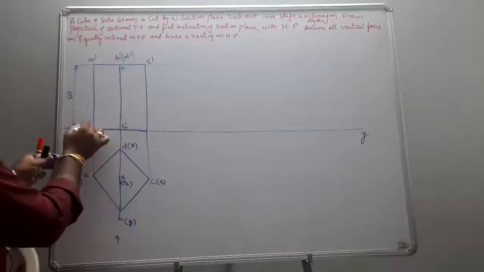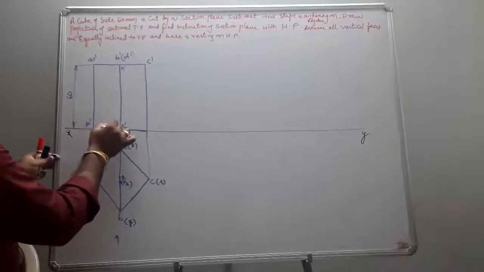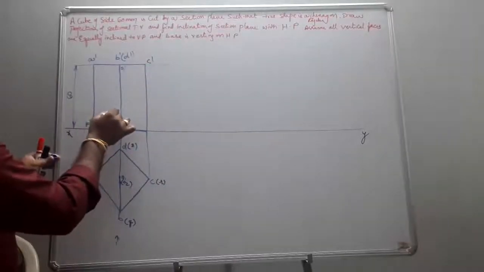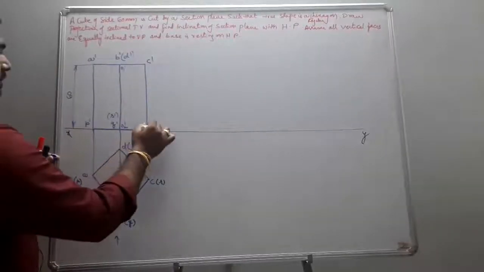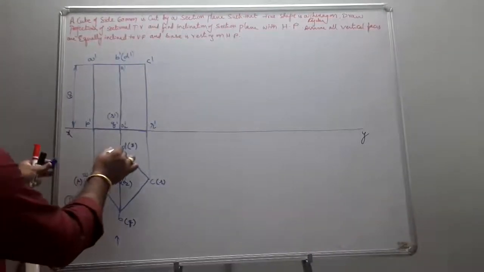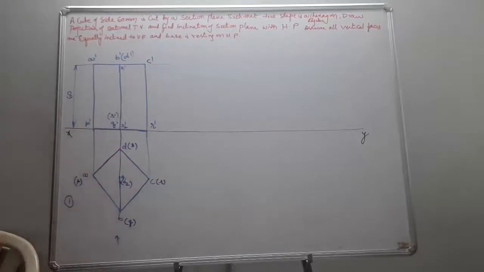The bottom becomes P dash, Q dash of S dash, and this is R dash. Students, is it clear up to now? Is the simple position okay?